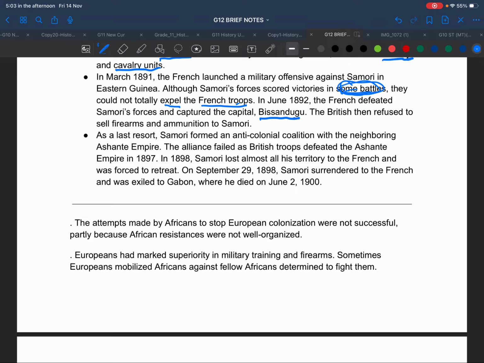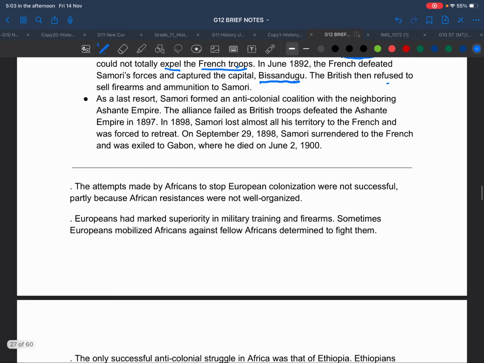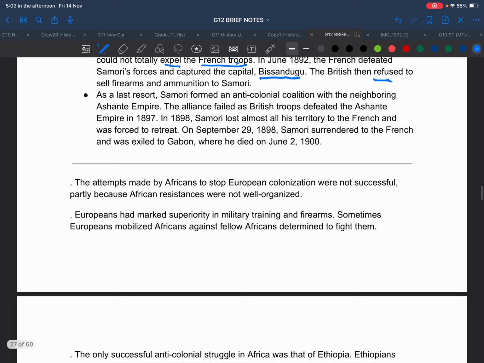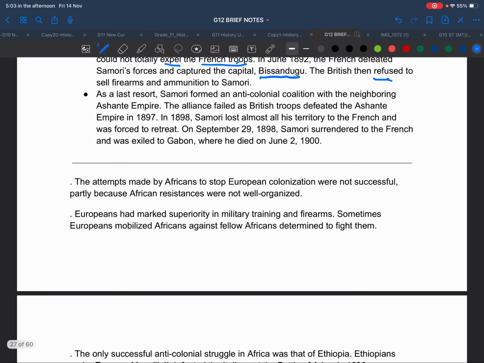The British then refused to sell firearms and ammunition to Samori. They broke their promise. As a last resort, Samori formed an anti-colonial coalition with the neighboring Ashanti Empire.